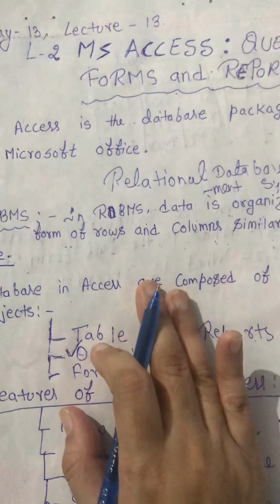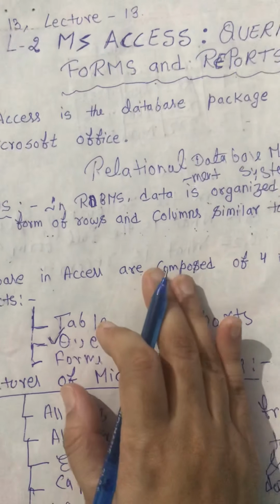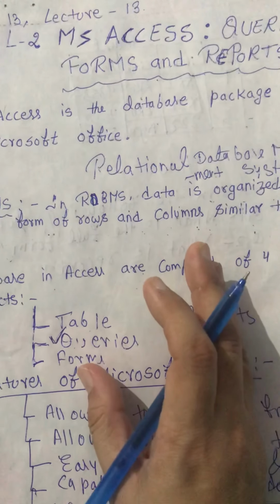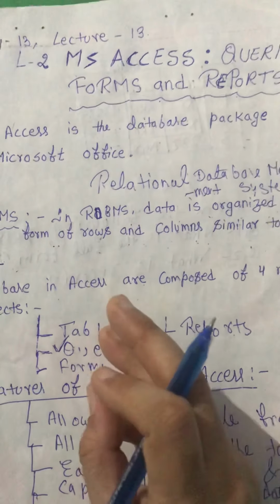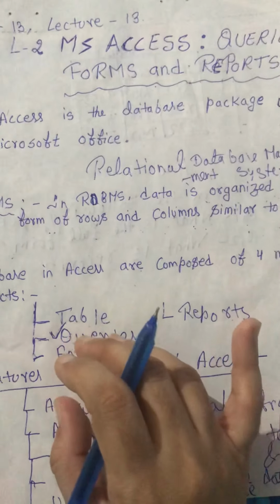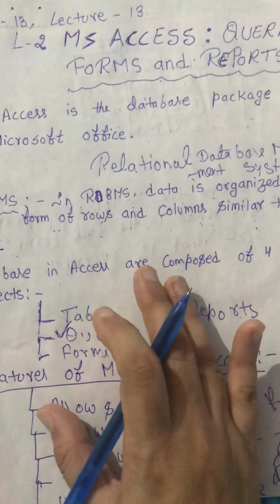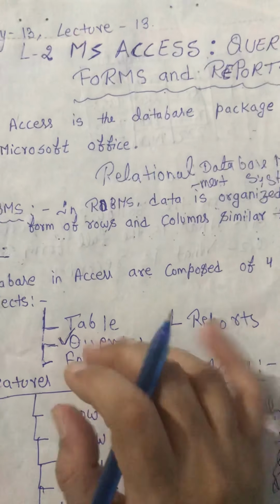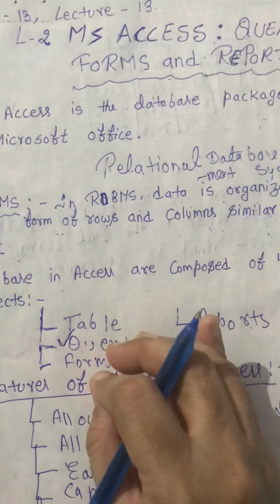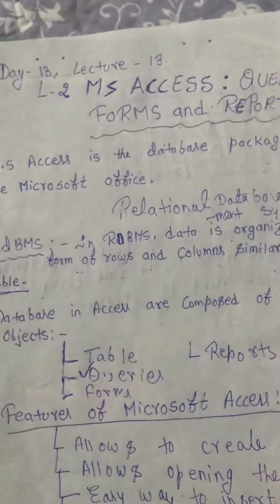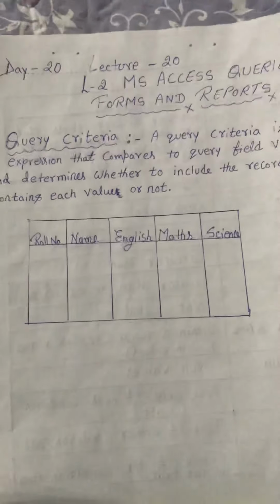A query can give you an answer to a simple question, perform calculations such as plus, minus, multiplication and division, and combine data from different tables, and add, change or delete data from a table with the help of a query. Today I am going to explain the query criteria.